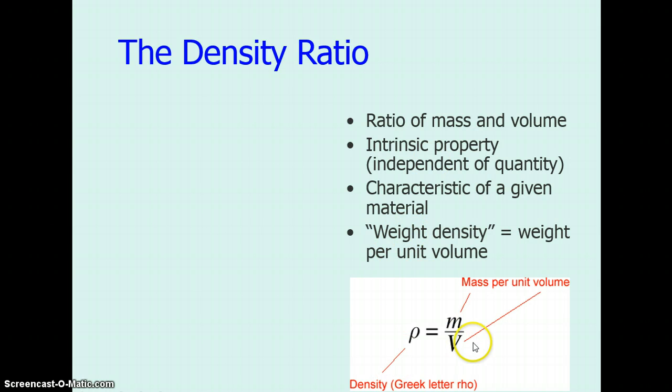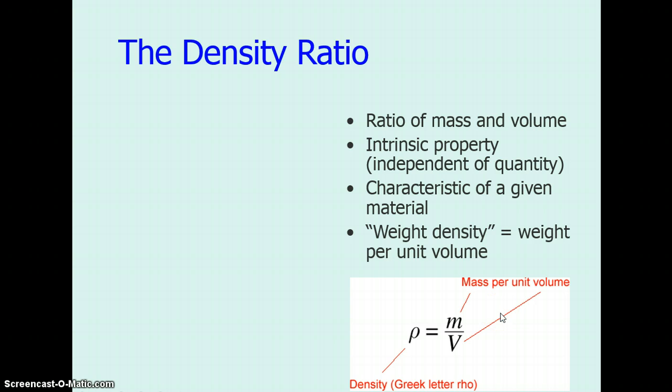Here's an equation, a relationship. So for example, you might measure the mass of an object. You might measure the volume. V stands for volume. The rho here is the Greek letter rho. I know it looks like a P, but it's really rho. It's called the density. So this is an equation that's often used.